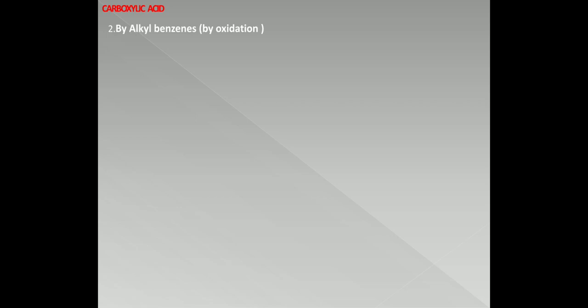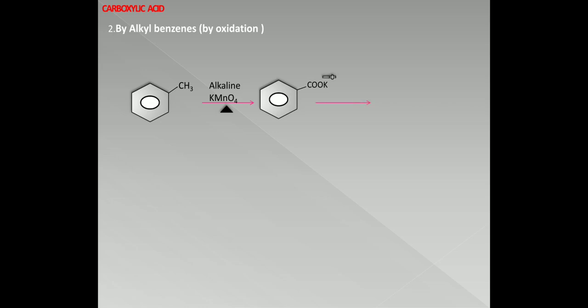Now, by oxidation of alkyl benzene, see this alkyl benzene like toluene. When this toluene undergoes oxidation in presence of a strong oxidizing agent, alkaline KMnO4 and heat, it forms potassium benzoate as an intermediate, which on hydrolysis gives benzoic acid.